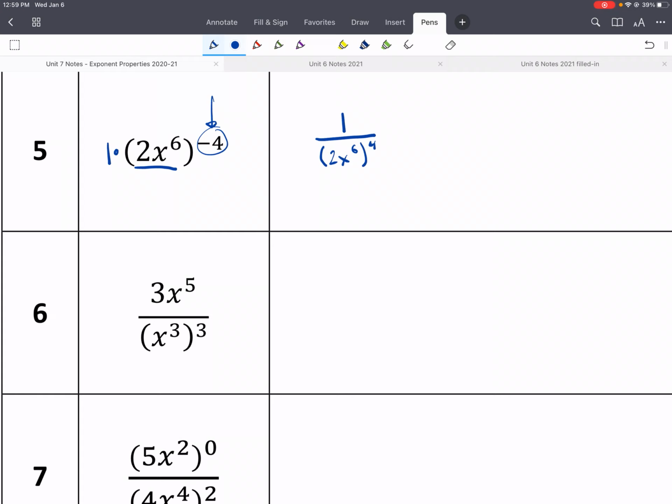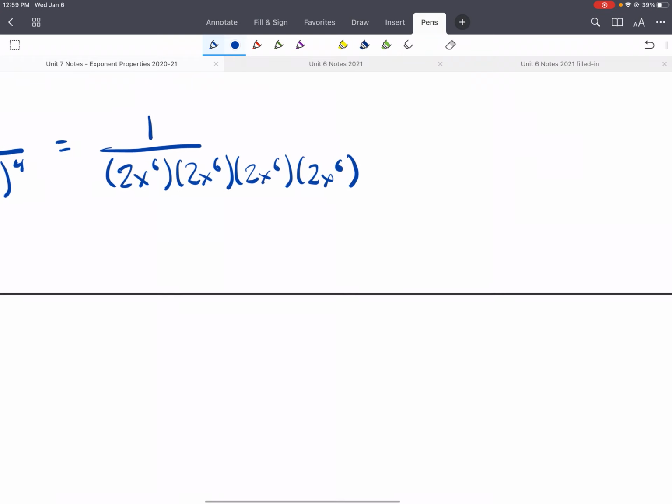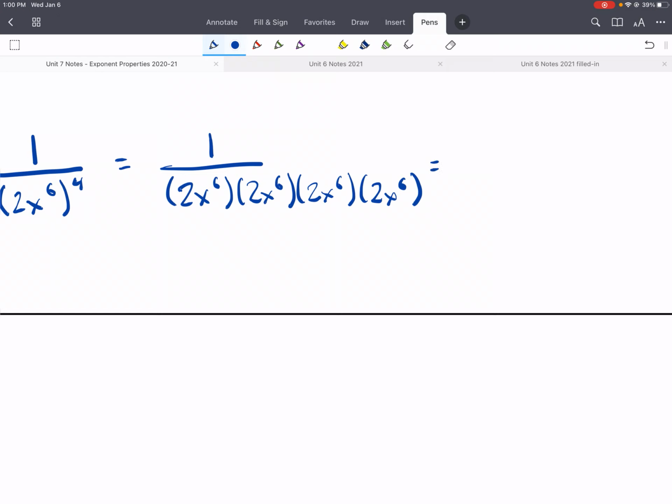All right, now we can expand. So 2x to the 6th times 2x to the 6th times 2x to the 6th. We're doing it 4 times. Whew, this is going to give us a lot of x's. So now we'll have 1 over, well, we have 2 times 2 times 2 times 2, and that would be 16.